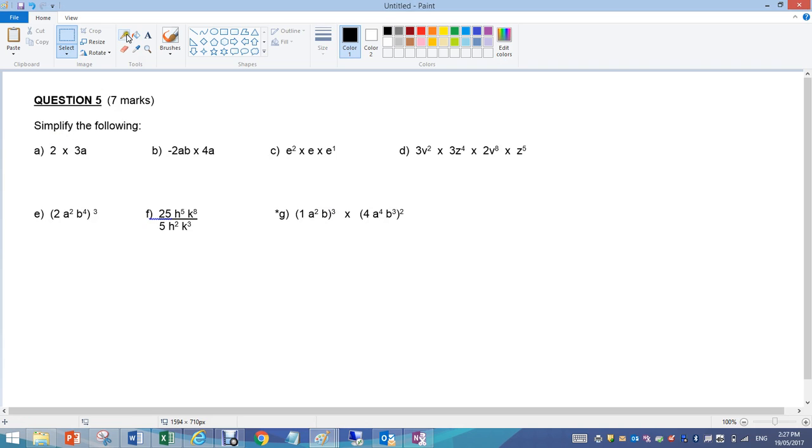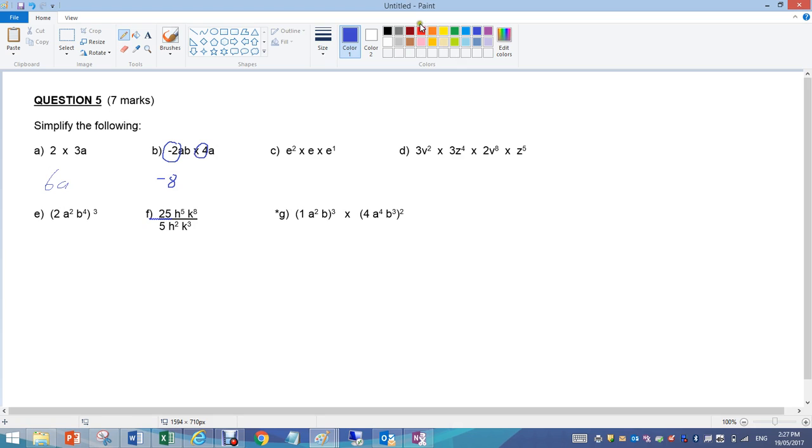Simplify the following. So that means just basically get the answer. So 2 times 3a is 6a. This one, we do the numbers first, so it's negative 2 times 4. 2 times 4 is 8, and it's negative, because there's a negative sign there.